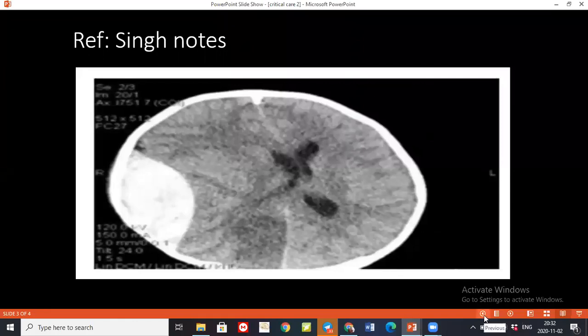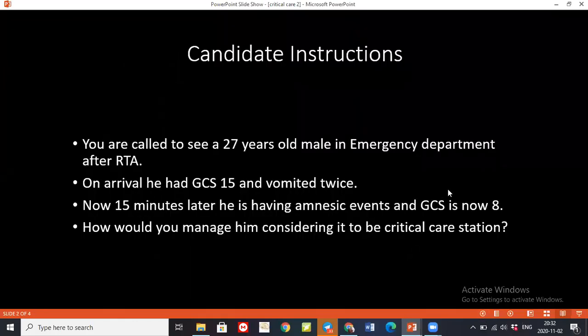Lucid interval is a temporary improvement in the patient's condition following a traumatic brain injury, after which there is rapid decline in the patient's consciousness. During this time, the blood from the middle meningeal artery seeps into the extradural space, resulting in raised intracranial pressure and cerebral edema.